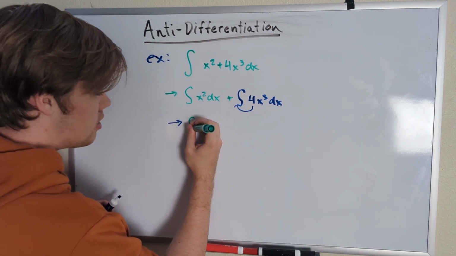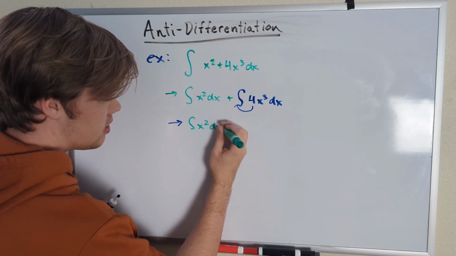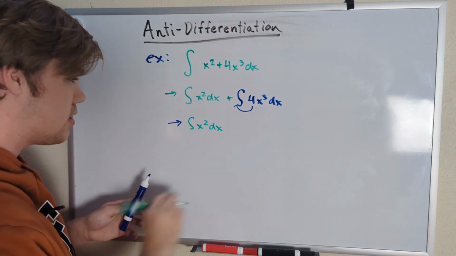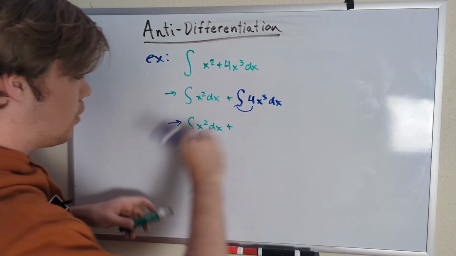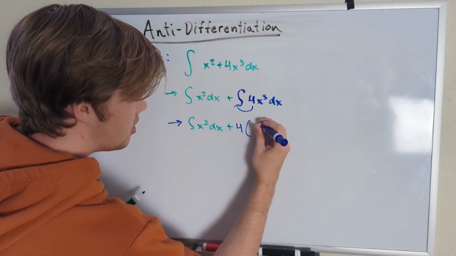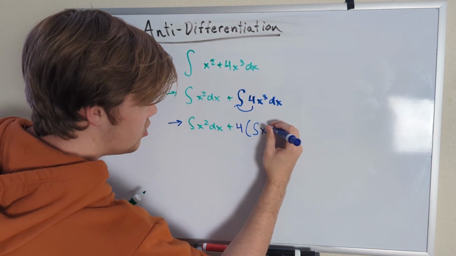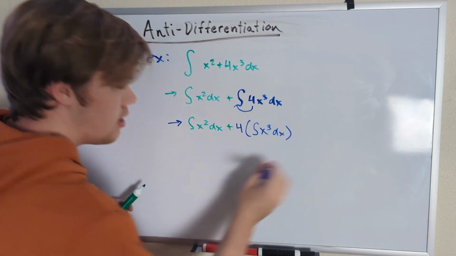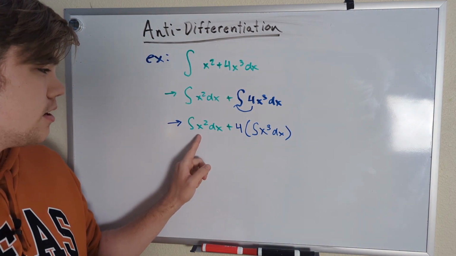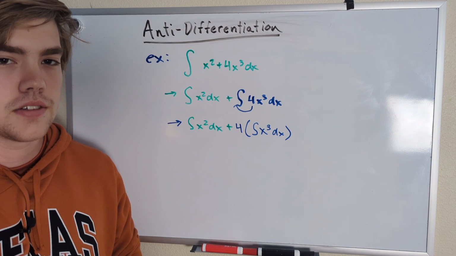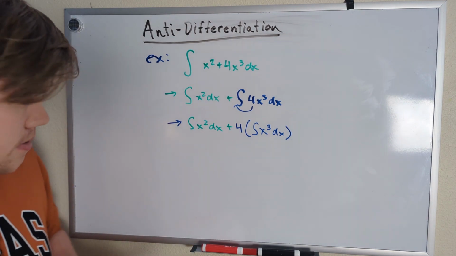Now we have the antiderivative of x squared dx, plus 4 times the antiderivative of x cubed dx. Now the last step here is just to use the power rule in order to solve both of these antiderivatives. Let's use the power rule on our first antiderivative first.